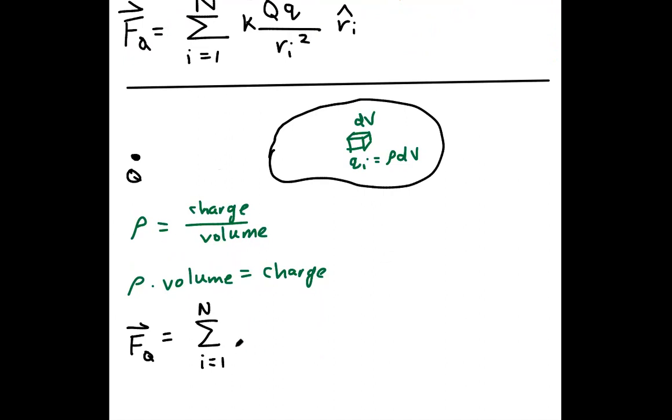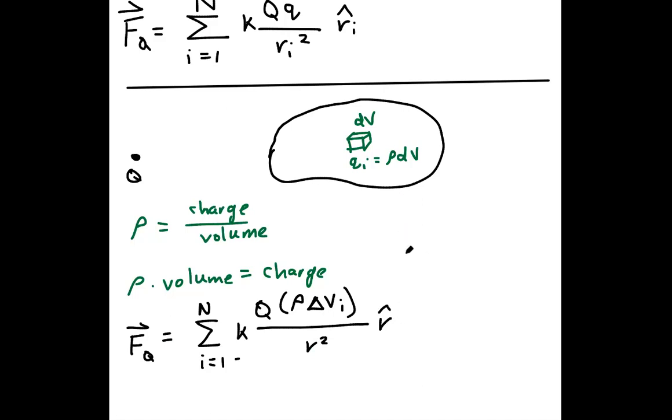So we have n charges times K times Q times rho, excuse me, I wrote a P, should be a rho, times delta Vi, small volume i, over R squared, which is the distance from Q to that little tiny volume, times R hat.